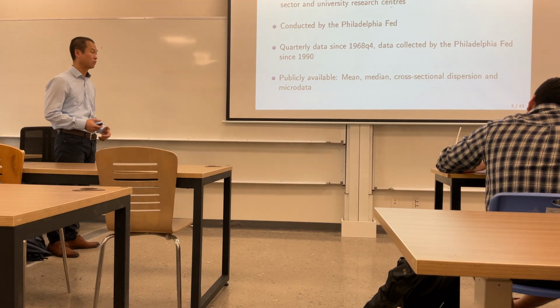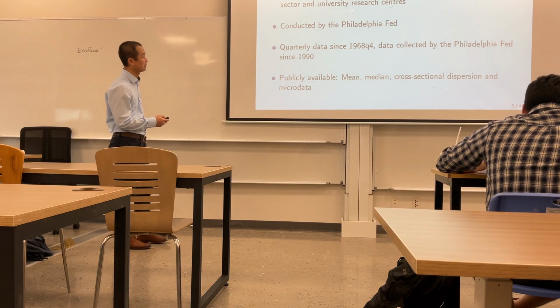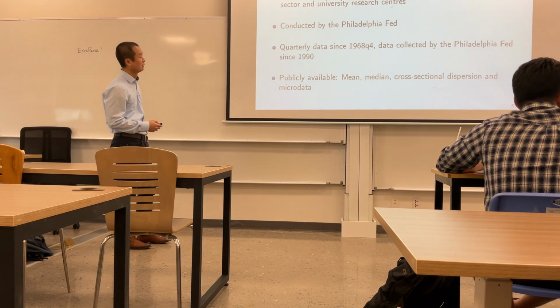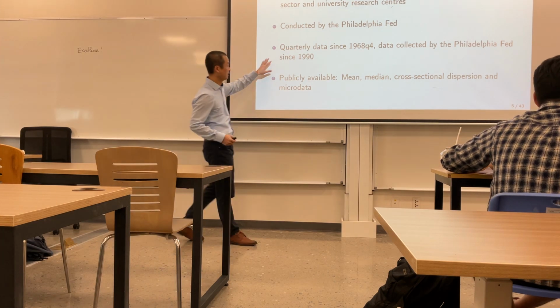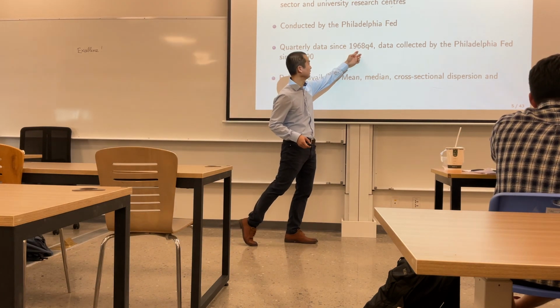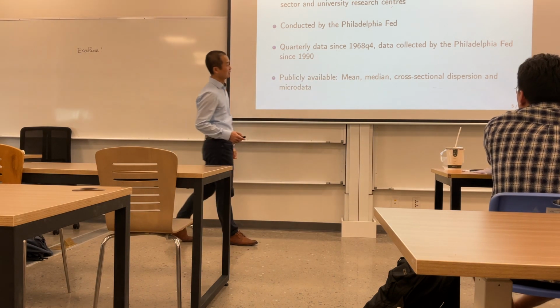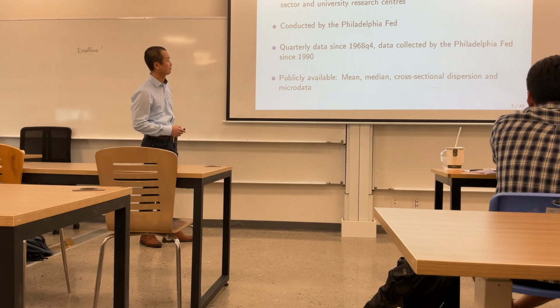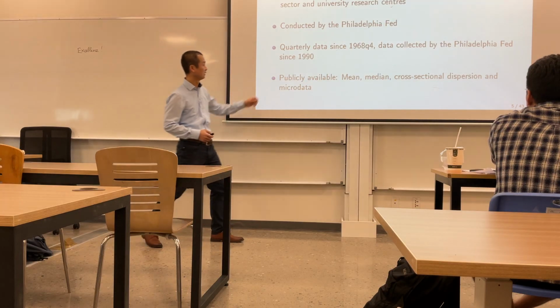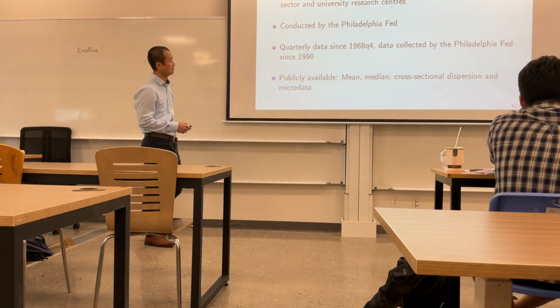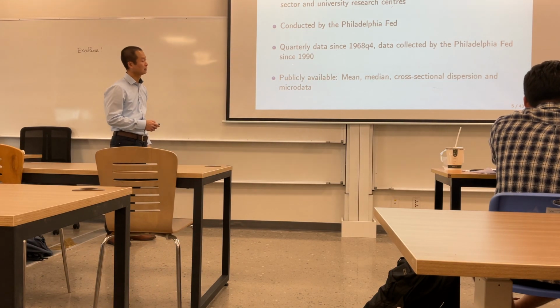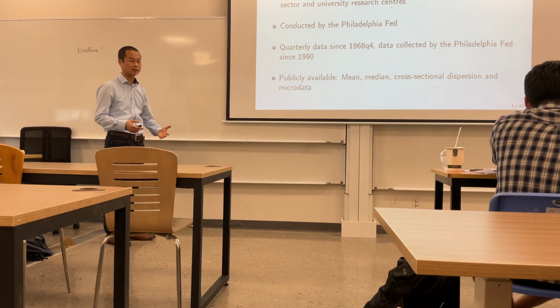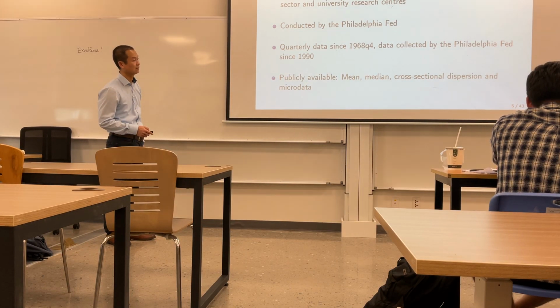The survey started in 1968, and the data was collected from 1968. It was conducted by another institution at first, but from 1990 it was conducted by the Philadelphia Fed.